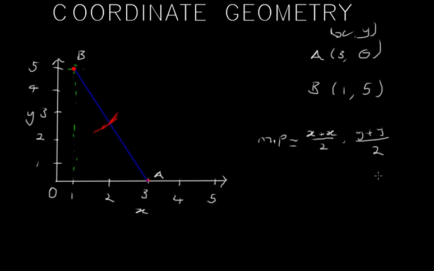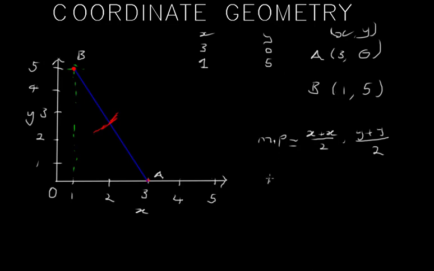Okay, and that's quite easy. It's simple addition and division. So you're simply adding and dividing. Firstly, identify your x values, then identify your y values, then work them out in such a way. Our x values are 3 and 1. And for the y, we've got 0 and 5.